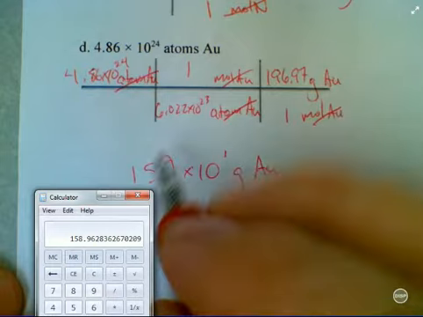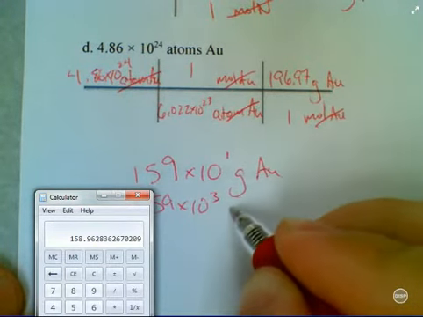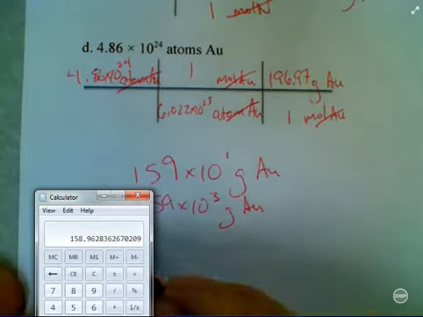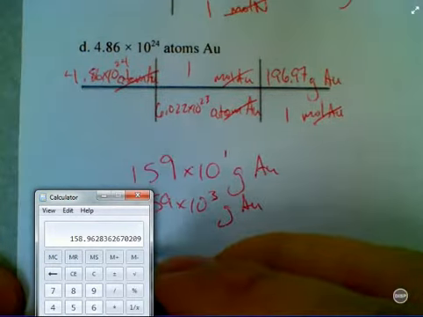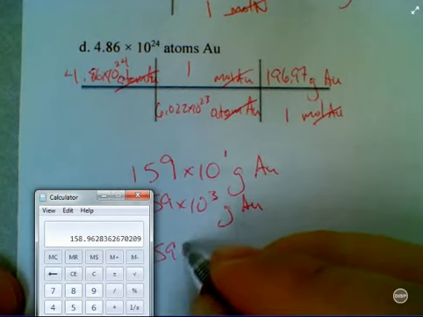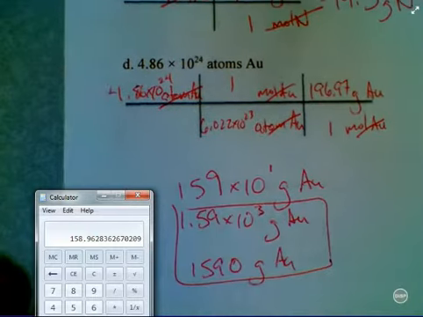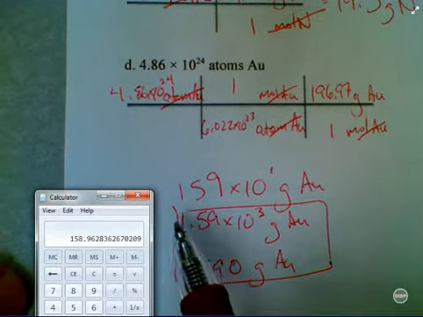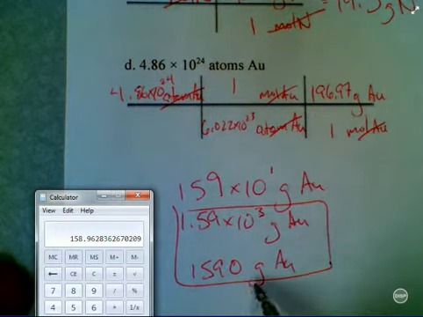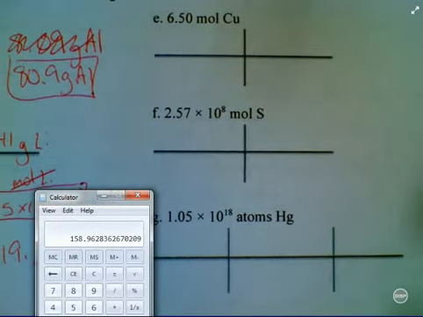We go 1, 2, so we'd either go 1.59 times 10 to the 3rd grams of gold, or either one of those versions are going to work. You have the appropriate number of significant figures. This is proper scientific notation. This is standard notation. Either of those are okay, unless, of course, the question specifically asks you to use scientific notation.